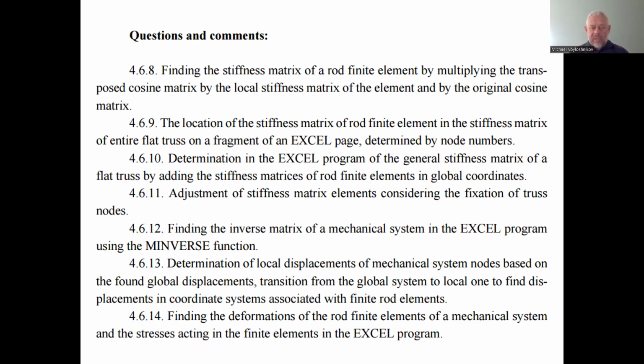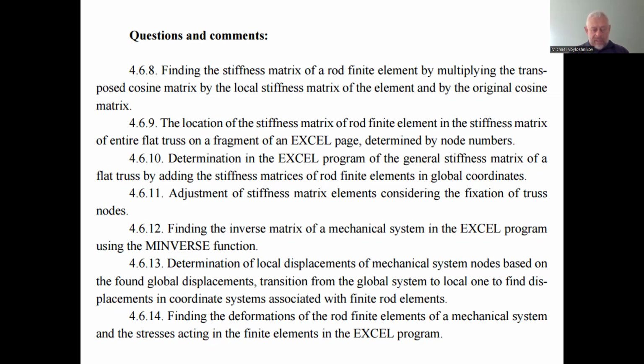Next, the stiffness matrix is processed when finding the displacements of the nodes: finding the inverse matrix of the mechanical system in the Excel program using the MINVERSE function. To find the inverse matrix, we have to select a range of cells in the Excel sheet to insert the elements of the inverted matrix.